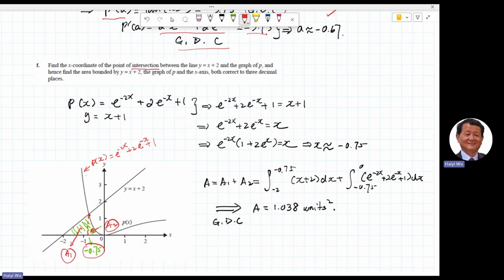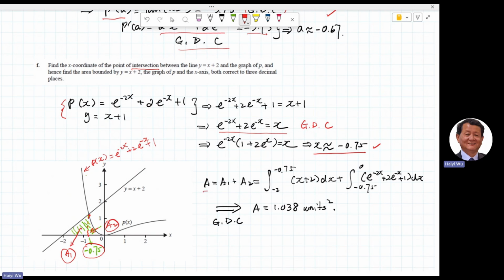When we find the intersection, we put these two together as a simultaneous equation, so this is equal to x plus 2. We get that equation, and we can't solve it unless we use the GDC, so make sure you use the GDC to find x is negative 0.75. This point is in the middle.